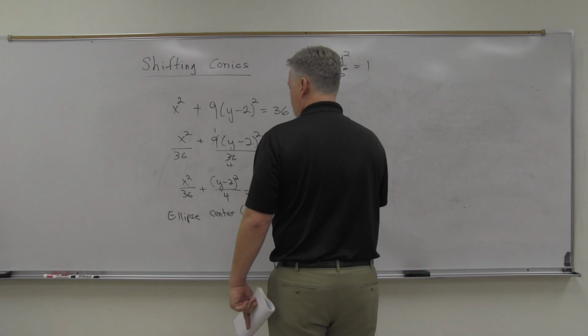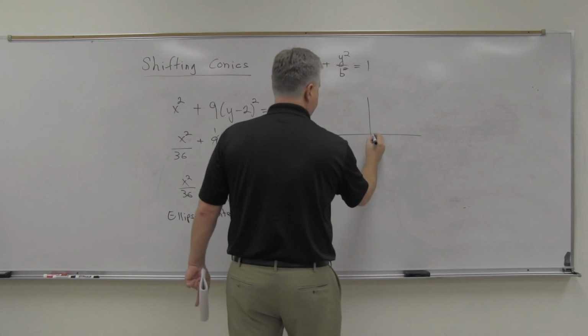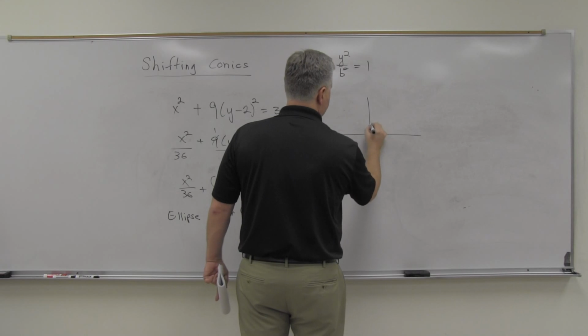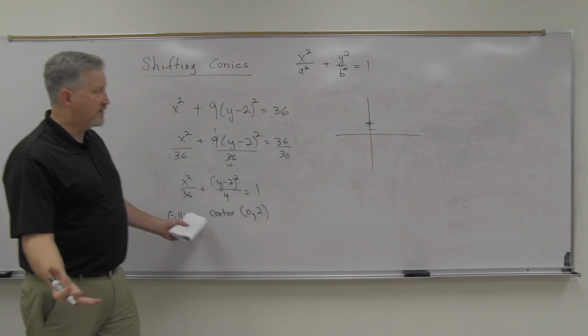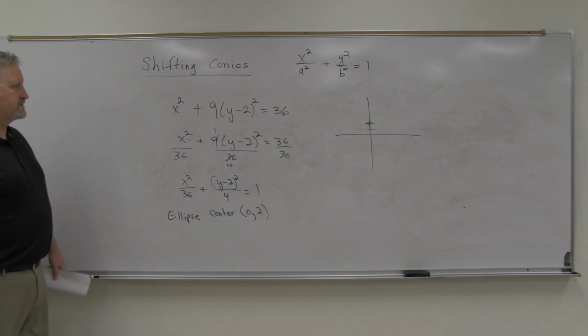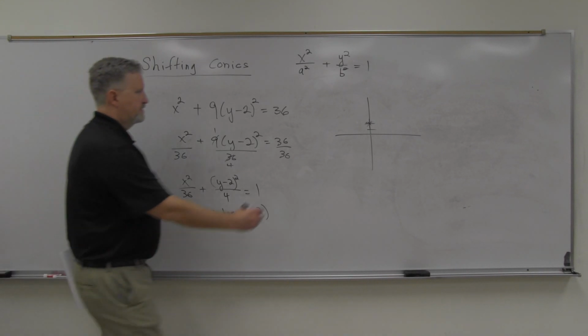All right, graph-wise, 0, 2 is my center. I usually put an X for the center. It's not an actual point on the graph, it's just a reference place. So that's my center right there.